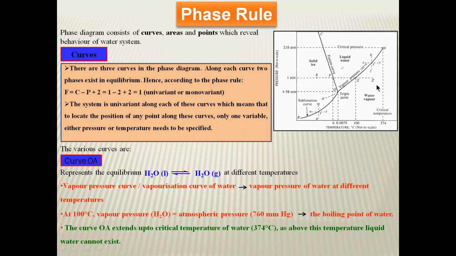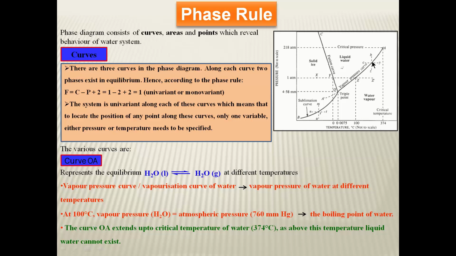That is, liquid water will be converted into vapor. At the same time, if I keep the temperature constant and increase the pressure, the dotted line XB will be traced and the equilibrium will be shifted towards the liquid water side. That is, all the vapor will be converted into liquid.